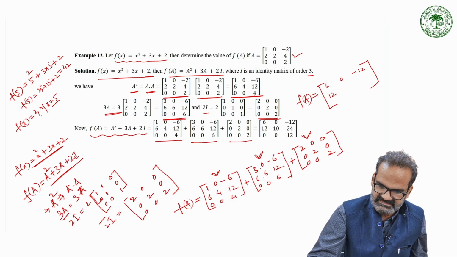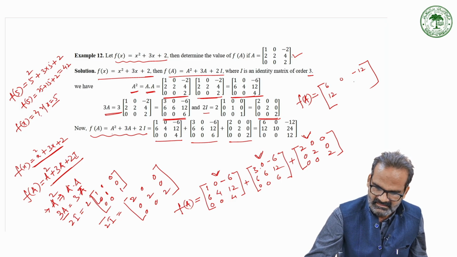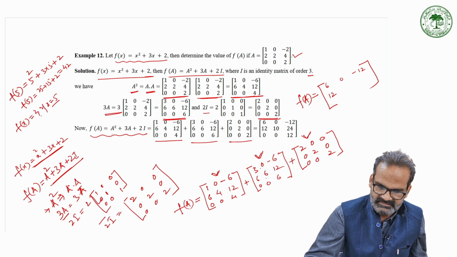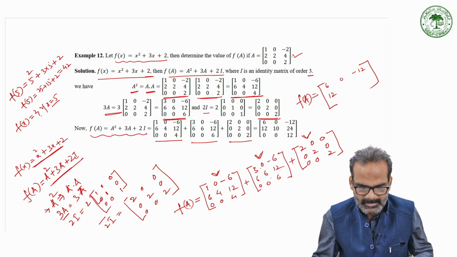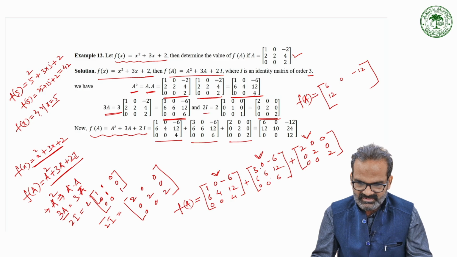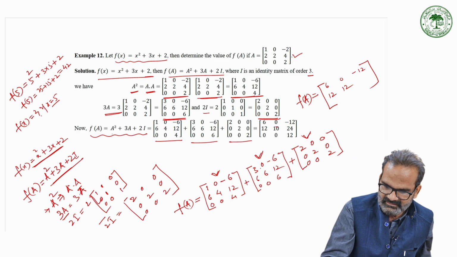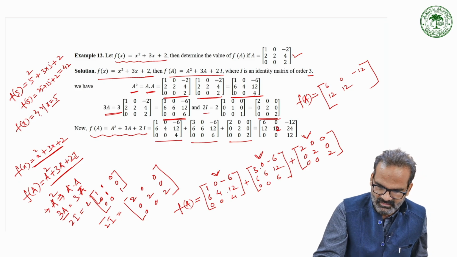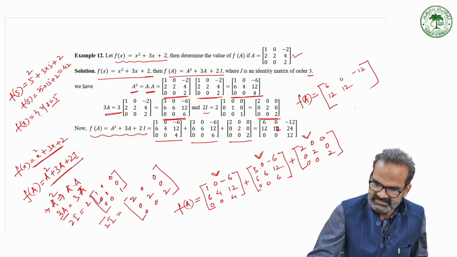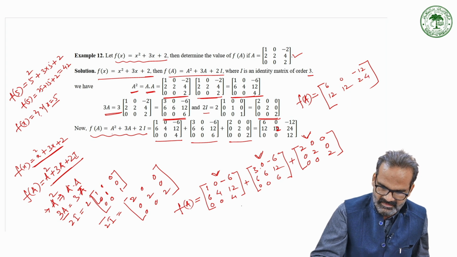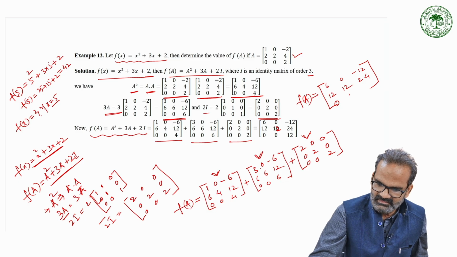Now 4 plus 6 is 10 plus 2, that is 12. This is 12, not 10. You should write here 12. Now 12 plus 12, 24. This is 24, right? Now 0 plus 0 plus 0, this is 0, 0 plus 0 plus 0, this is 0, 4 plus 6, 10 plus 2, that is 12.